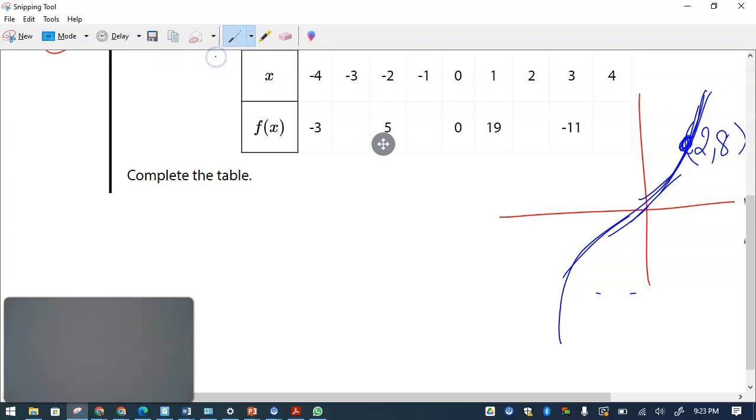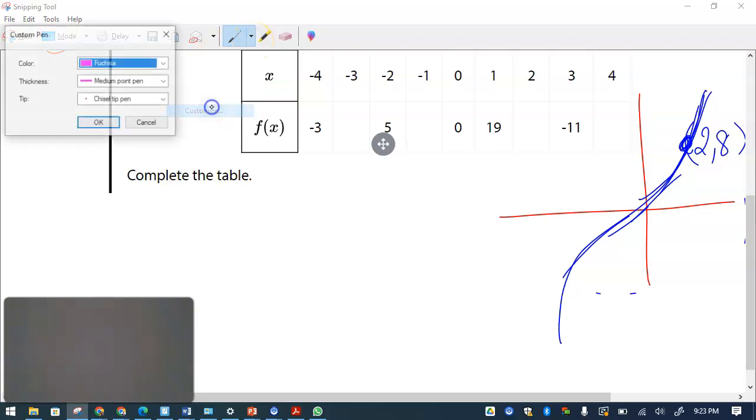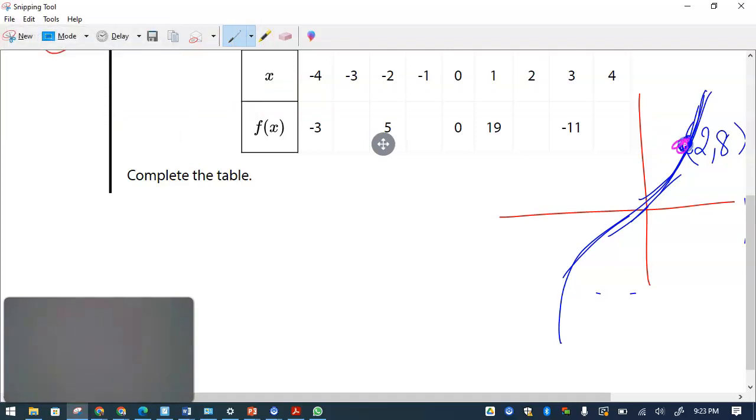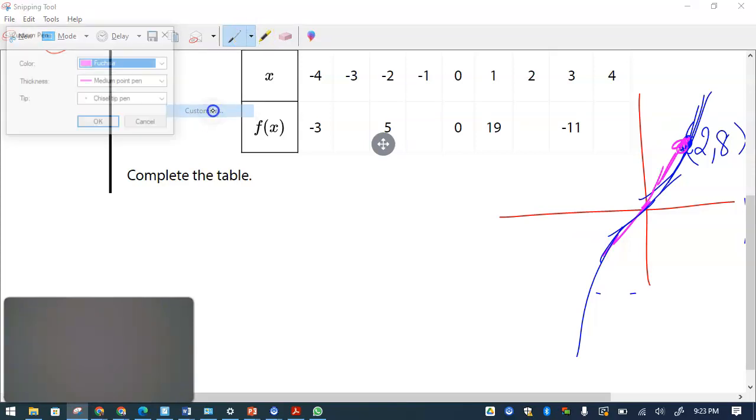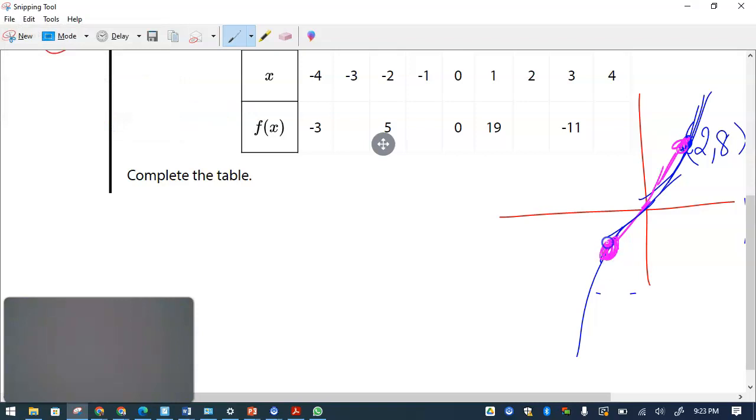So for an odd function, any point has a reflection on the other side. Maybe I have not drawn it correctly. This is the correct one now. So this 2, 8 reflects on the other side and becomes -2, -8.